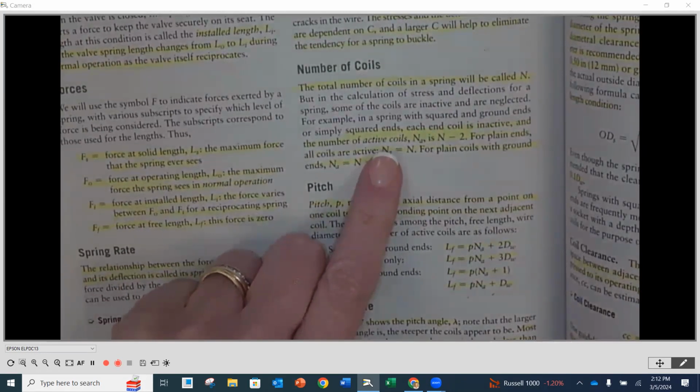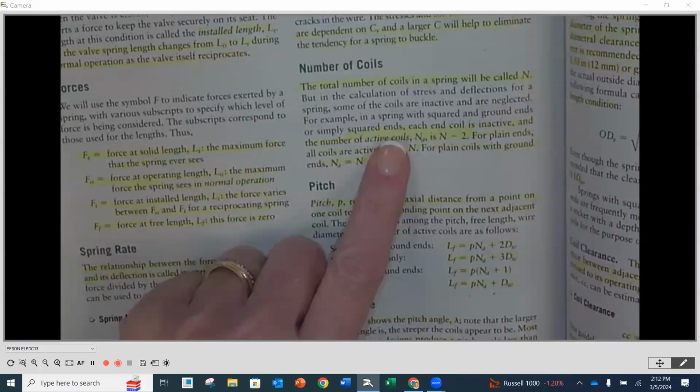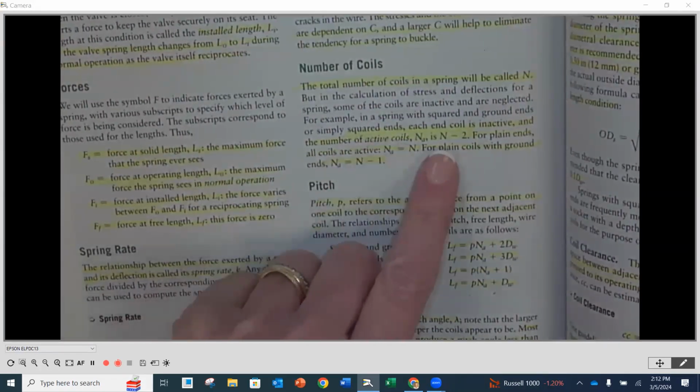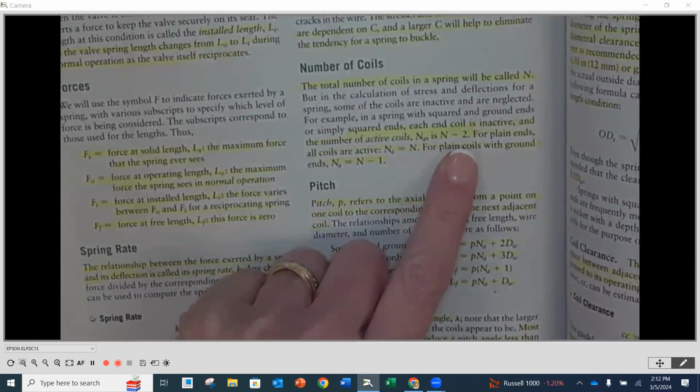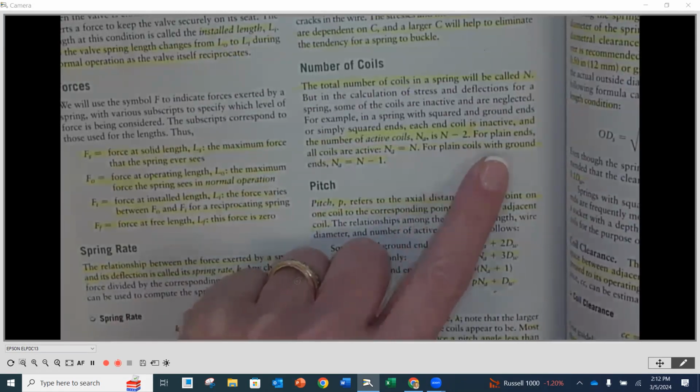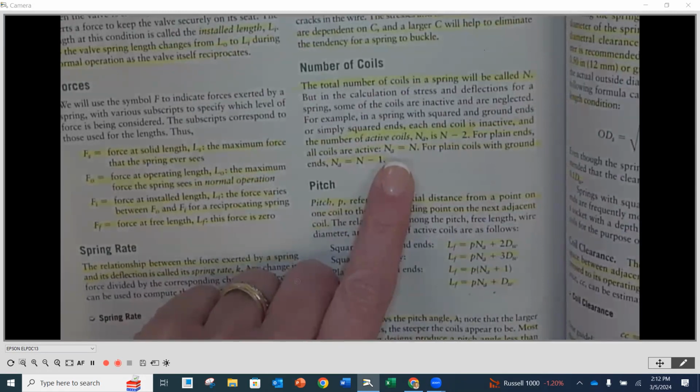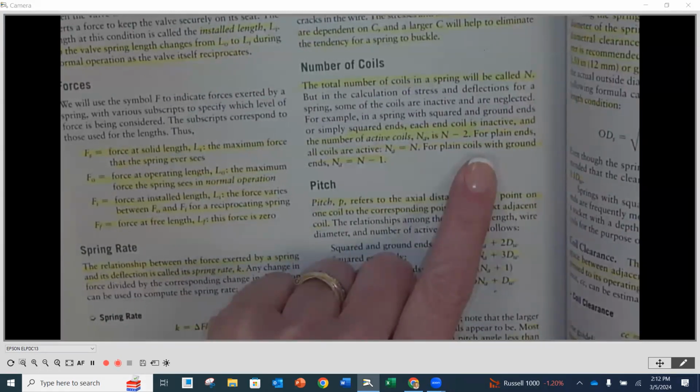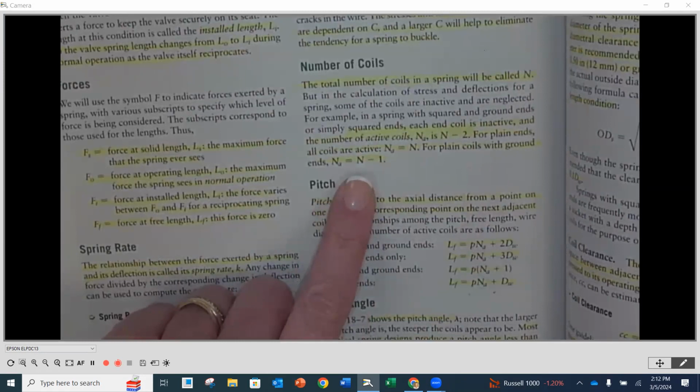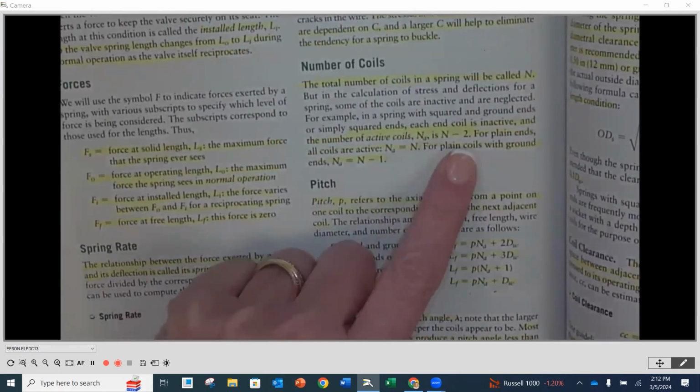The number of active coils when we have squared and ground ends is going to be N minus 2. For plain ends, it's going to be the number of coils, and for plain ends that are just ground, it is N minus 1. Because we're squared and ground, we're going to be N minus 2.